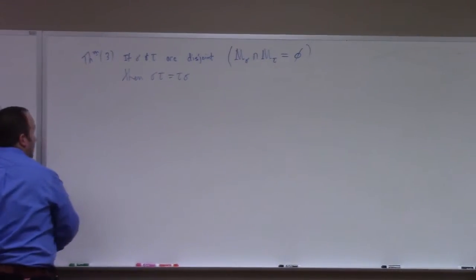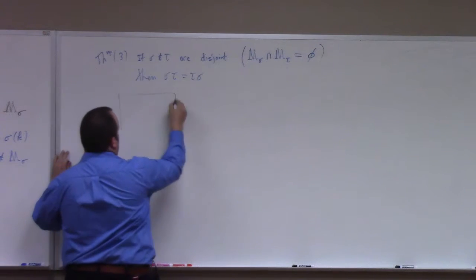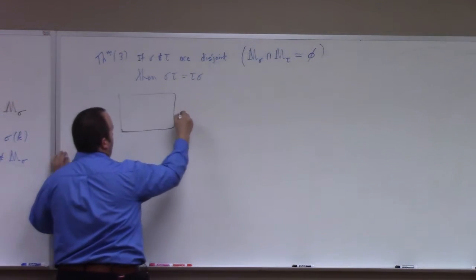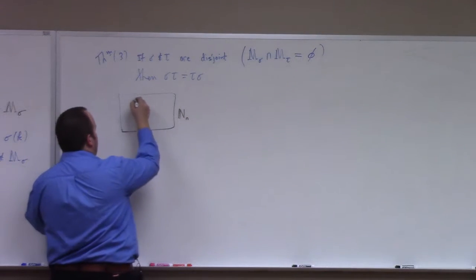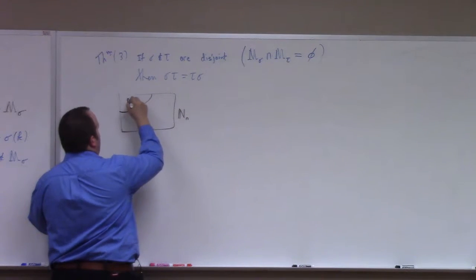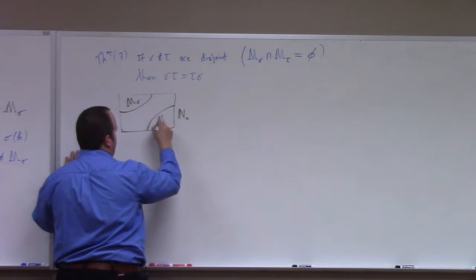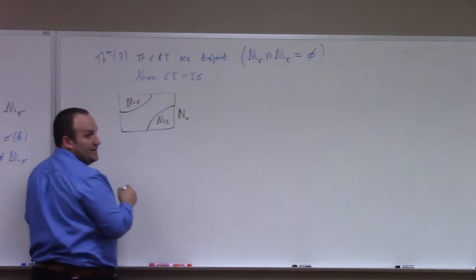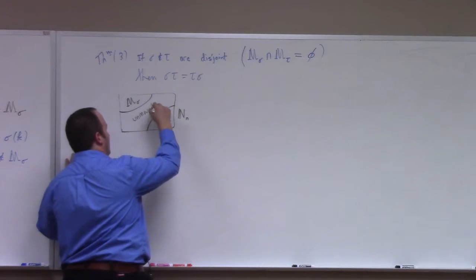So I drew a picture and I gave you the proof of just one of the cases, right? So here I'm drawing a picture of all numbers from 1 to n. Somewhere in here there's the set which are moved by sigma. Somewhere in here there's the set which are moved by tau. And here, unmoved by either.